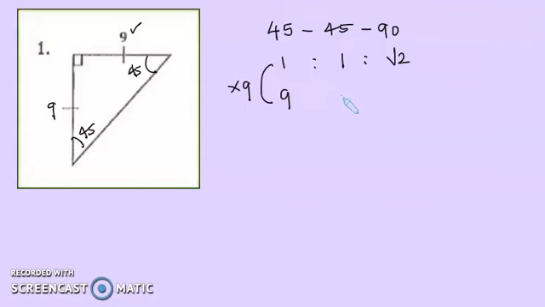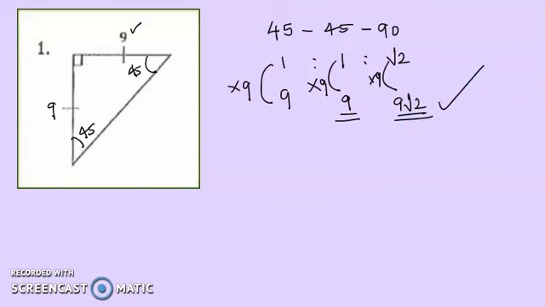So this side will also be 9 times 1, so 9, and this is root 2, so again 9 times, so 9 root 2. So the other two sides will be 9 and 9 root 2. Hope this explanation was clear.